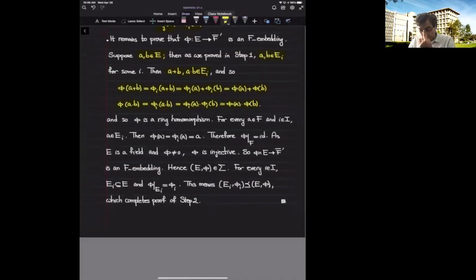Now, in order to show this ring homomorphism is an F embedding, we have to show that when I restrict it to F, I get identity.